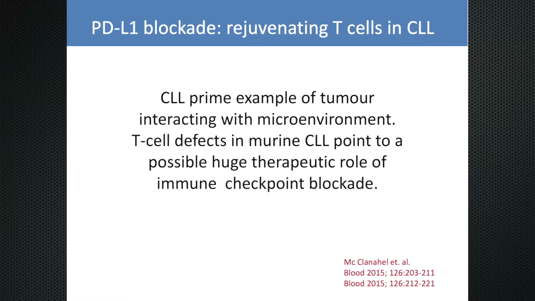But the last probably topic, which will become, in my opinion, very important in this field, is chronic lymphocytic leukemia, which is a prime example of a tumor where we have an important interaction with the microenvironment. And there are now data just recently published showing that T-cell defects in the murine model point to a possible huge therapeutic role of immune checkpoint blockade.